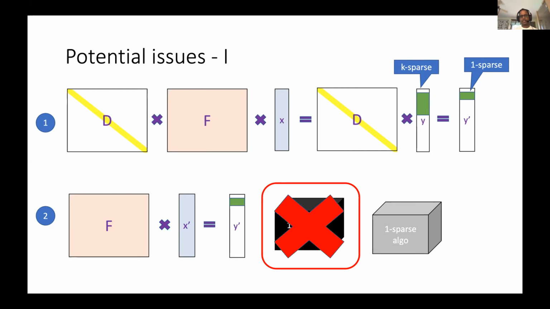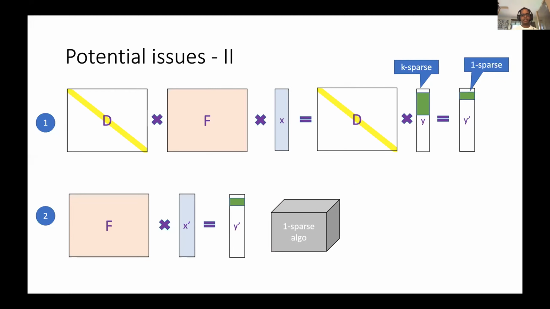For the optimal results where you get k polylog, I'm not aware of a proof that says you have to do it, but there are reasons to believe that you actually cannot use a black box reduction. But if you're happy with a general polynomial in k log n, then presumably you could still do this.